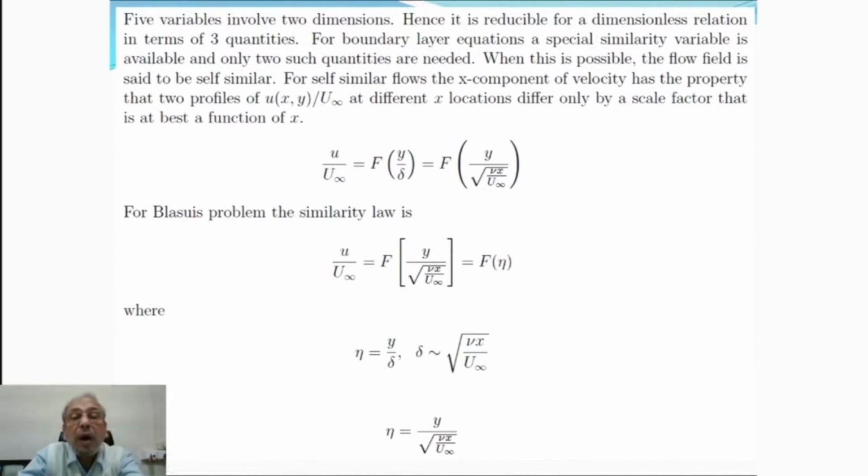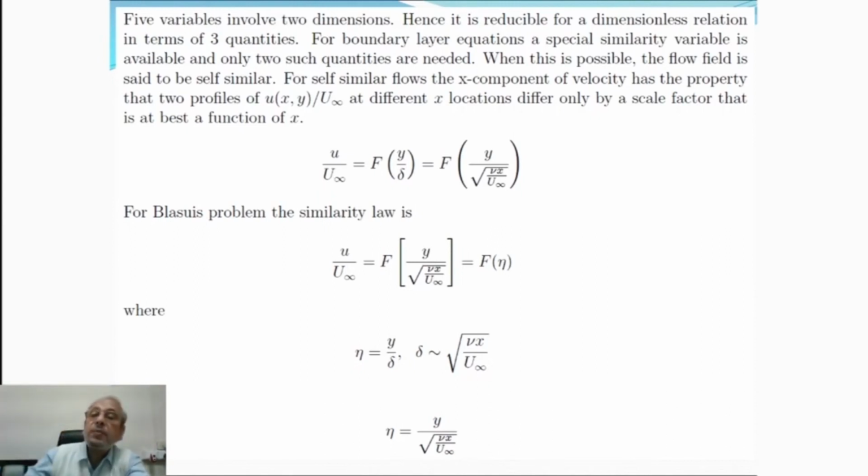So 5 minus 2, we are supposed to get 3 dimensionless quantities, 3 non-dimensional parameters. But for the boundary layer equations, a spatial similarity variable is available, and then only 2 such spatial similarity variables are available, and only 2 such quantities are needed.